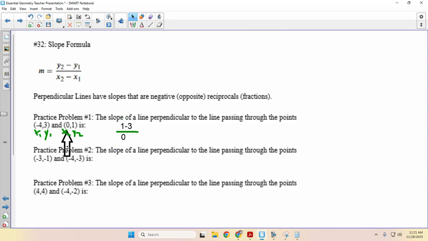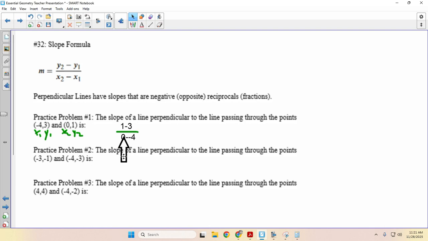So here my x2 was 0, so that goes in this bottom left corner. And then I'm going to put minus, and then whatever x1 is. So it's going to be 0 minus negative 4. I need both of these pieces because minus a negative is going to be positive.